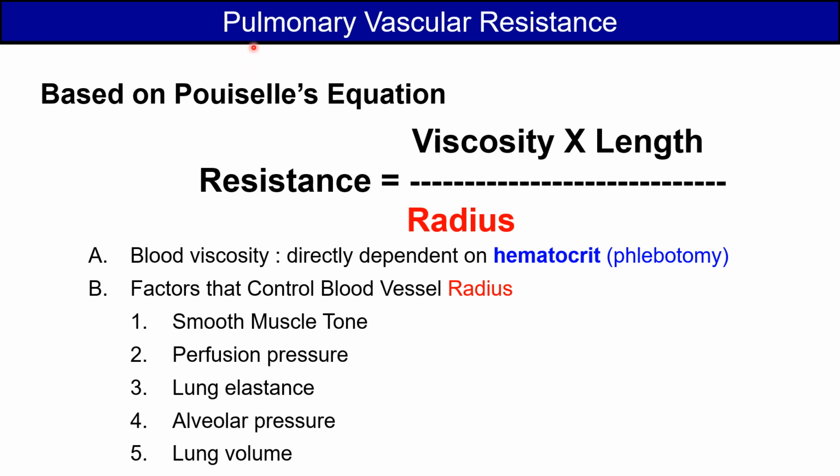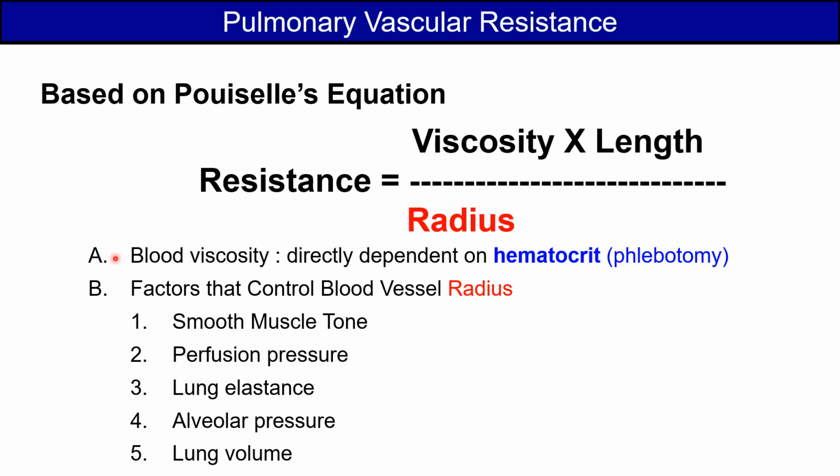The pulmonary vascular resistance, just like your airways, is dependent on the physical dimensions of the tube and likewise of the blood. So resistance is equal to the viscosity of the blood times the length over the radius of your pulmonary blood vessels.